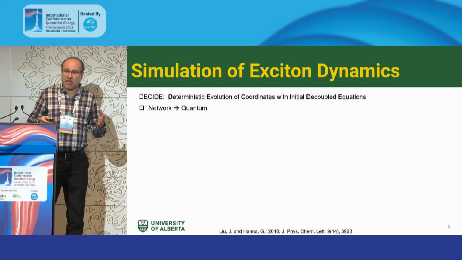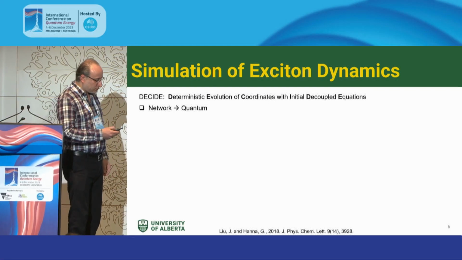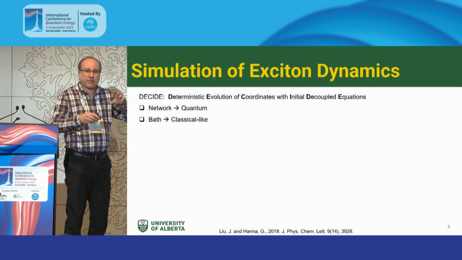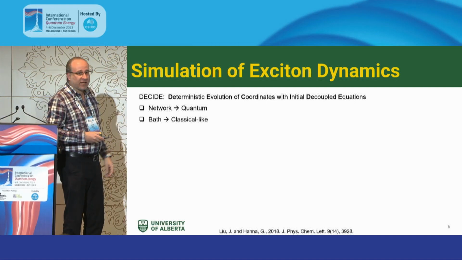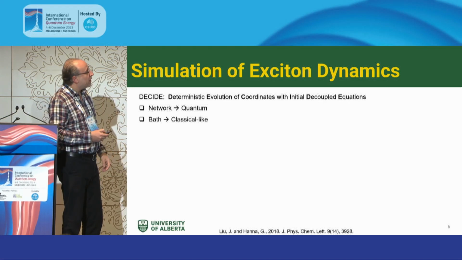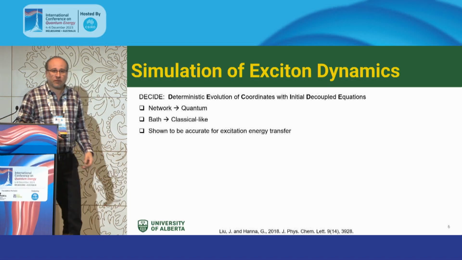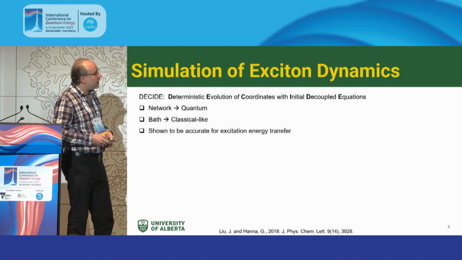Basically, in this mixed quantum classical method, we treat the network quantum mechanically, and the bath, the harmonic oscillator baths for the left and right baths, and also for the probe, are treated in a classical-like fashion. And this method has been shown to be accurate on a variety of models that we studied previously for excitation energy transfer.